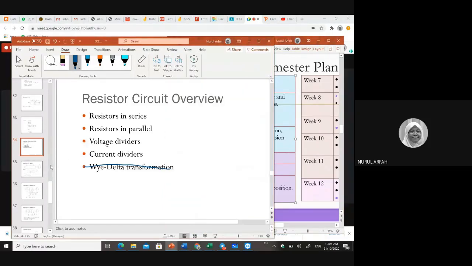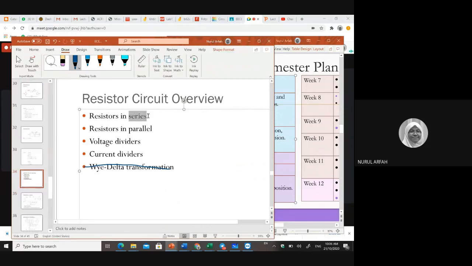Actually, that one is a method to transform something that you cannot solve using series and parallel resistors. Then the other choice is to apply Y delta. That's the good thing of that.